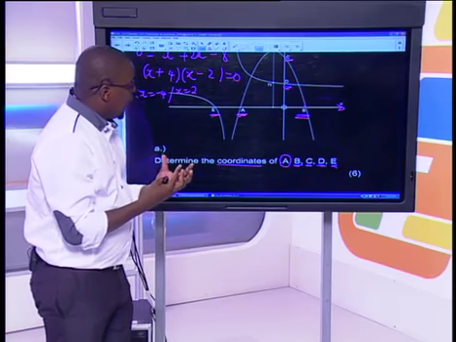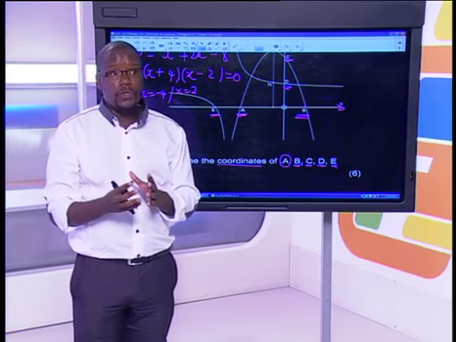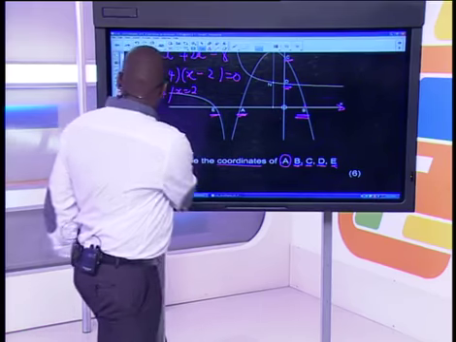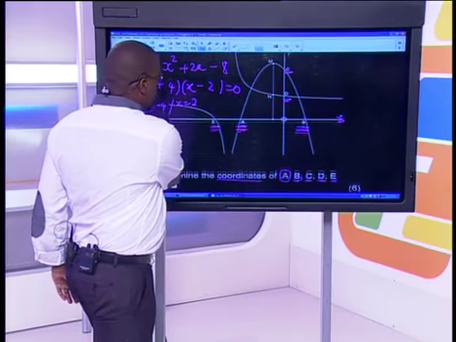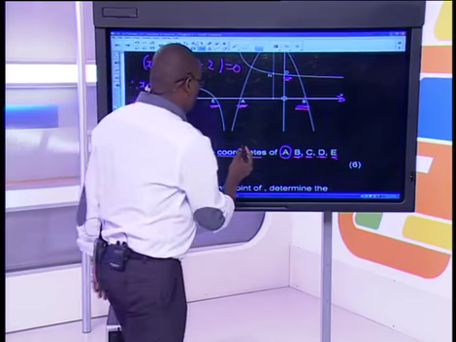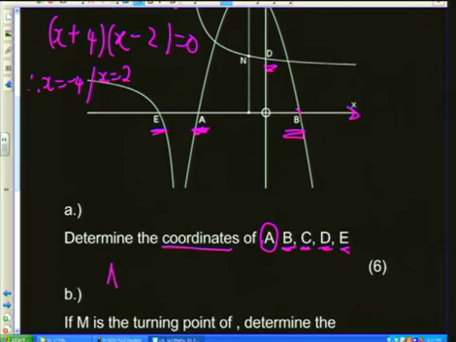Now, we have to decide which one goes to A and which one goes to B. A is on the left-hand side of the origin, so A is going to be negative and B is positive. So you conclude by saying A is minus 4 and 0, and B is 2 and 0. So you've done your A, you've done your B.